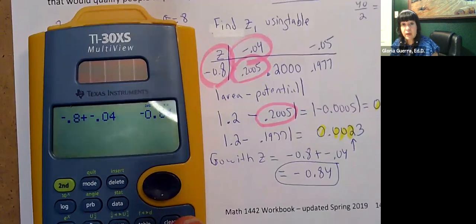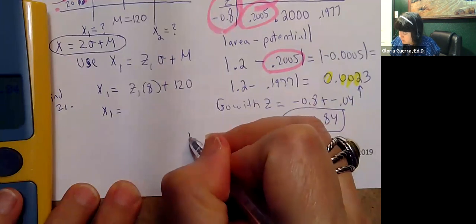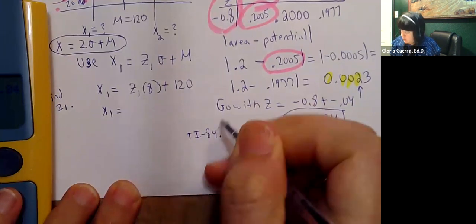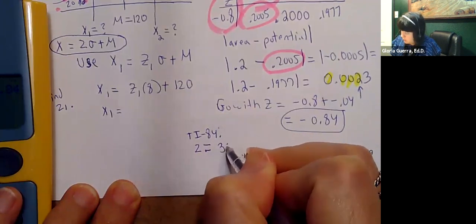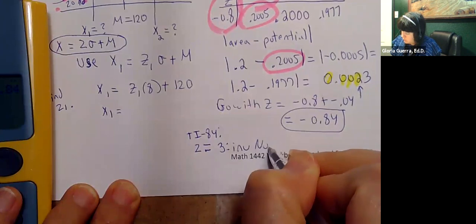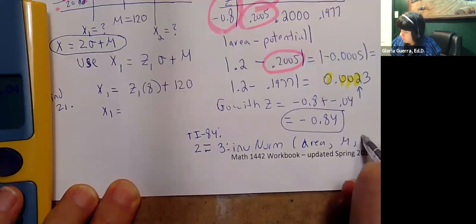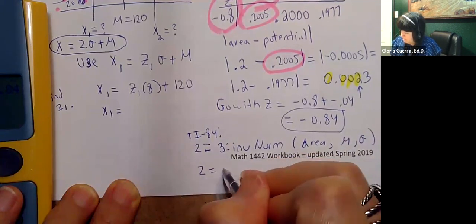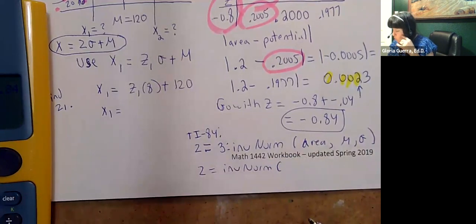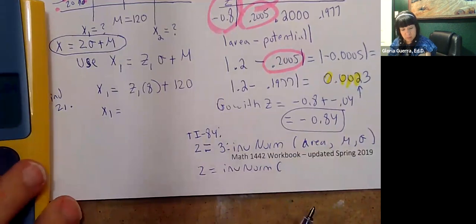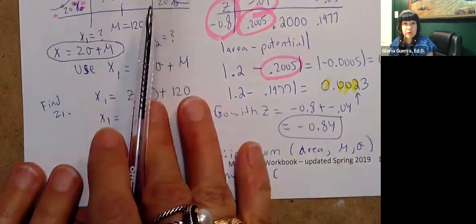Now on the graphing calculator, the TI-84, finding Z is second vars, number 3, inverse norm, with area, mu, and sigma. Area is the 0.2, remember, area has to be to the left of the curve.